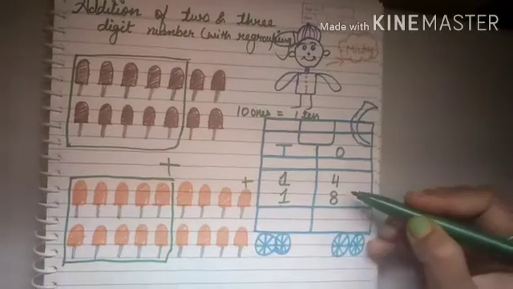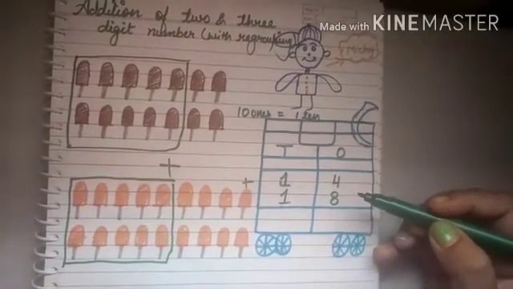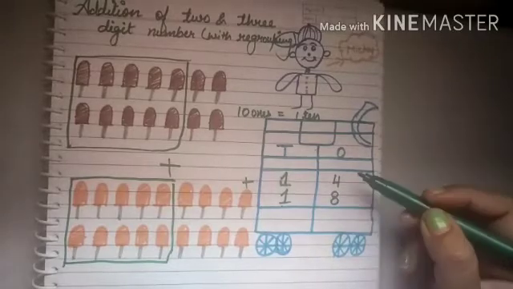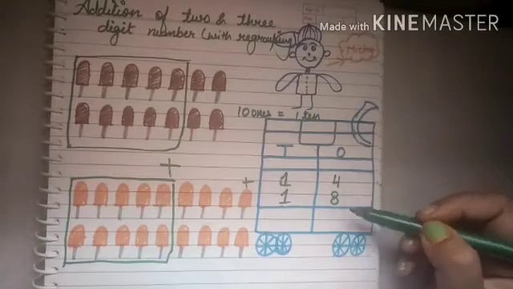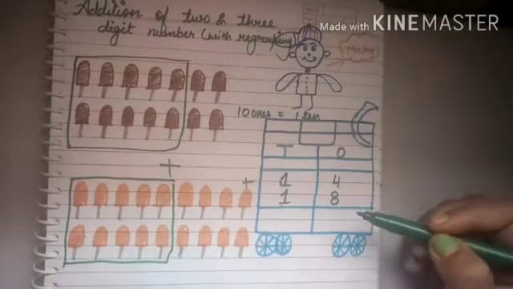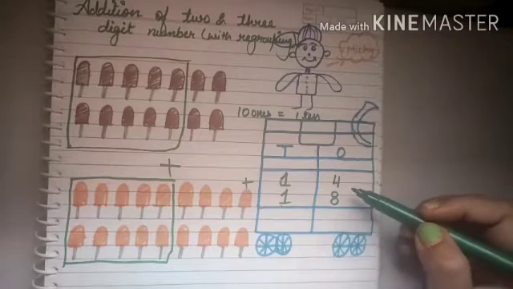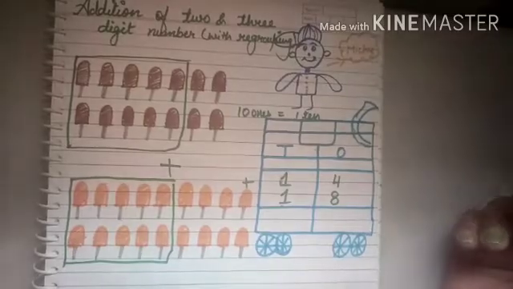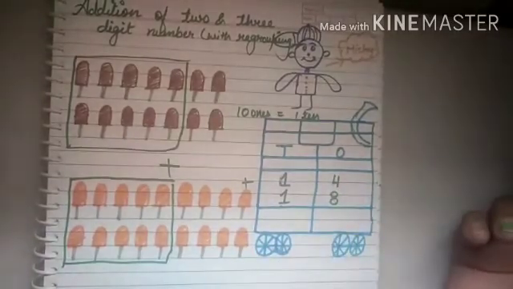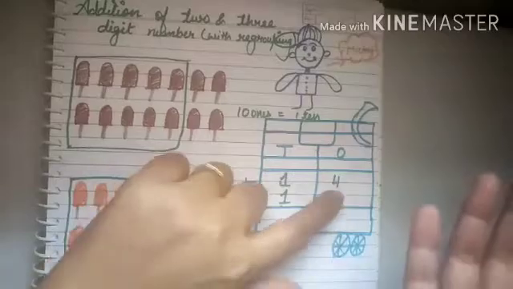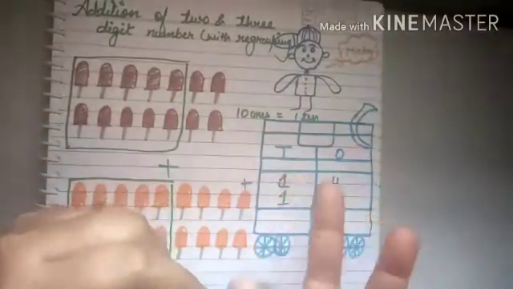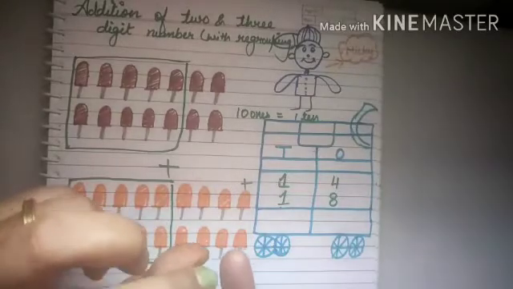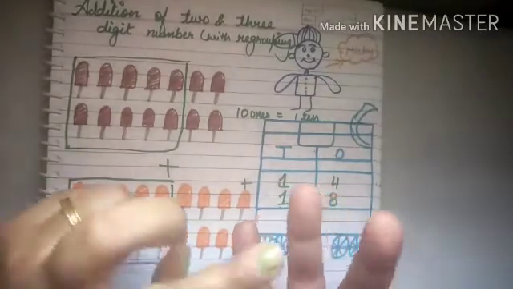Okay. So see, what was the method? First add the ones group, right. Which numbers do we add first? The ones that are in the ones group, right. So which one is greater? Yes, 8. Now 4 I am going to count on my fingers. So 8 is here, 8 is in my mind, and 4 I am going to count on my fingers. 1, 2, 3, 4.